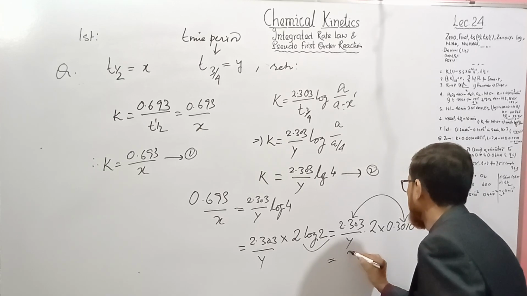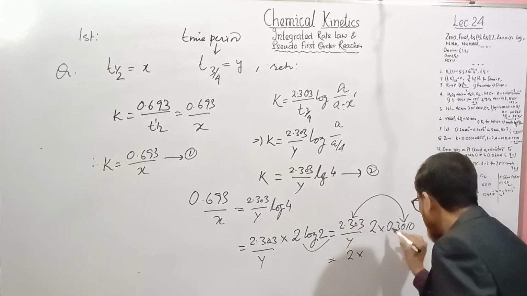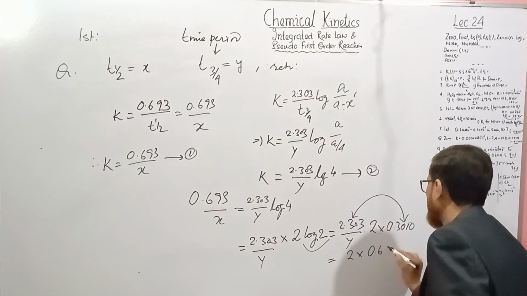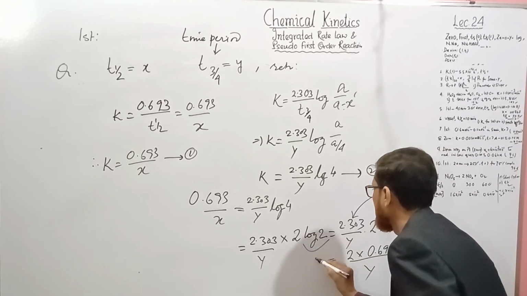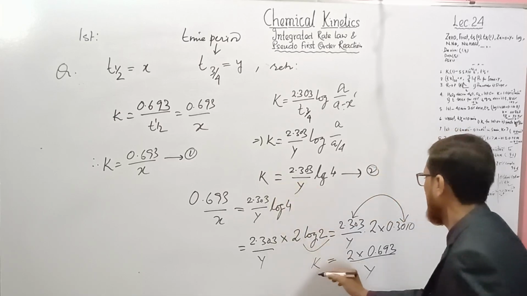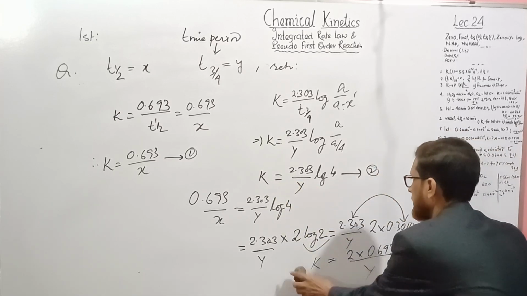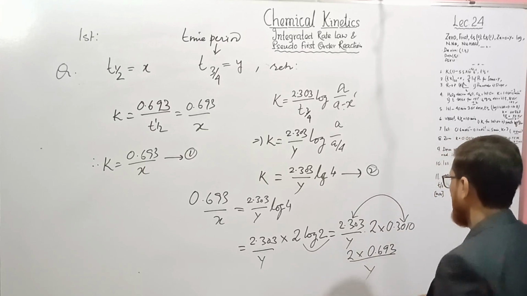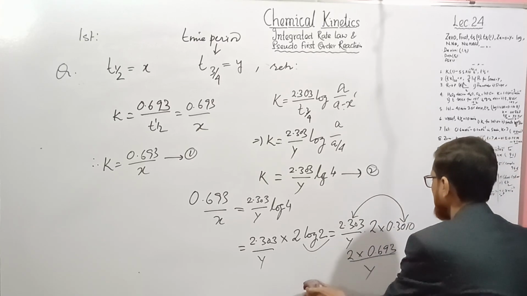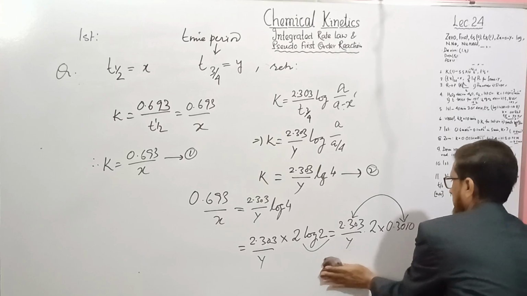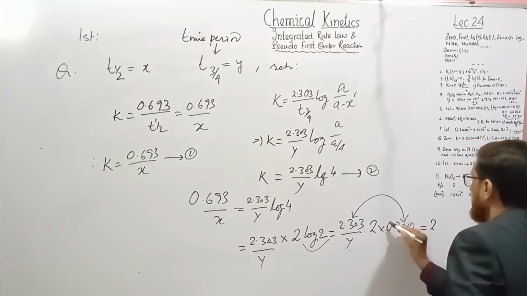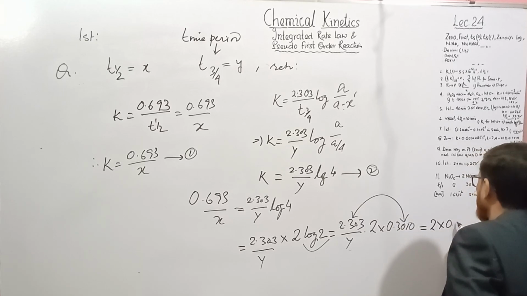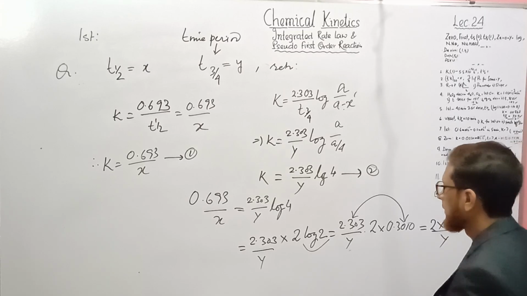So you are getting 2 into that value is equal to 0.693 divided by Y. That K is equal to, sorry, that 2 into 0.693 divided by Y.